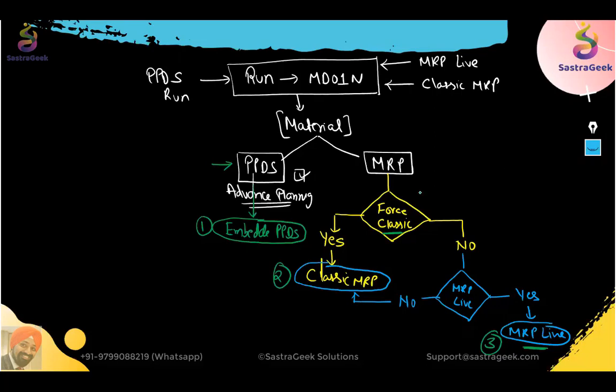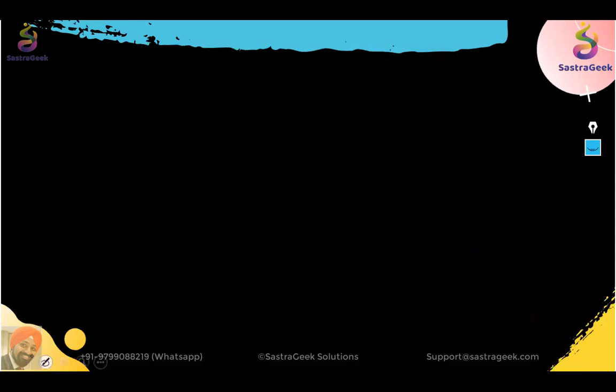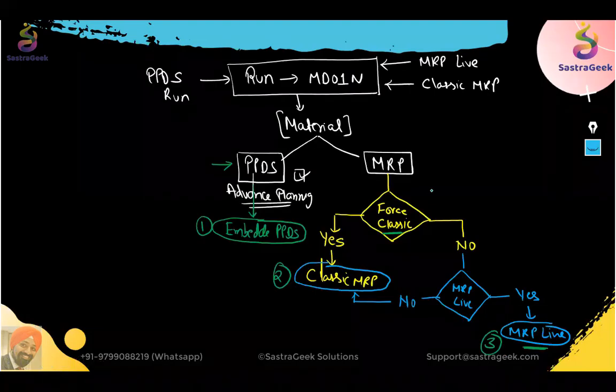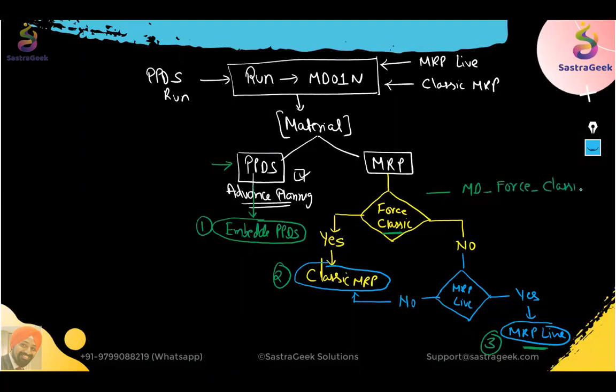So we have a transaction here, MD... I need to check the exact transaction, but this kind of transaction is there. In this transaction, you need to tick the material plus plant combination. You need to tick whichever need to go for the classic.